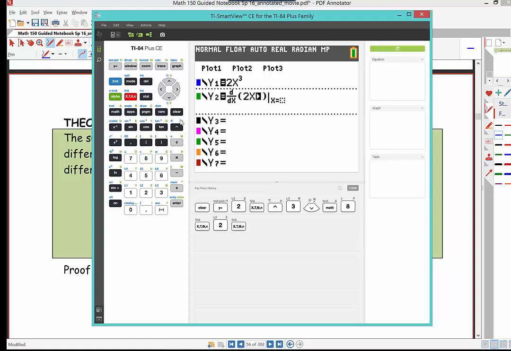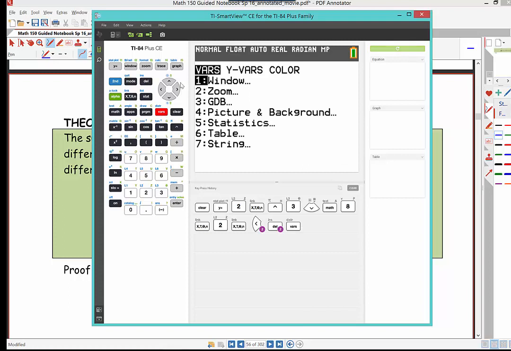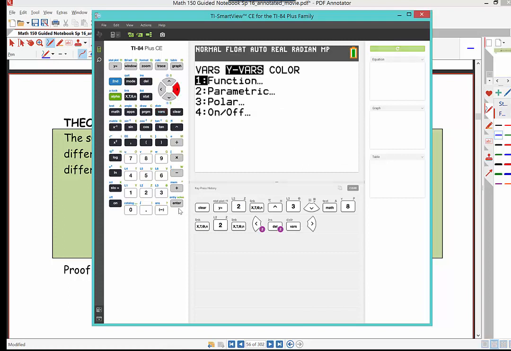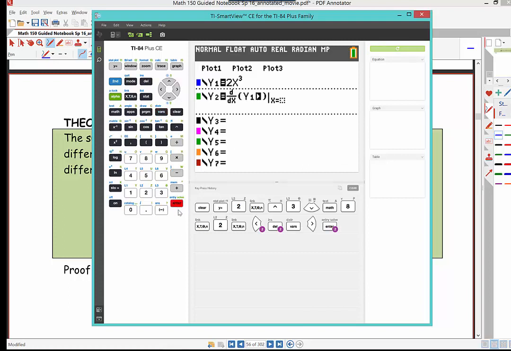Let's just do like we had done before. We had put our y1 in there. So we'll go to vars, and we want y vars. We're dealing with functions, and we put that in our y1.